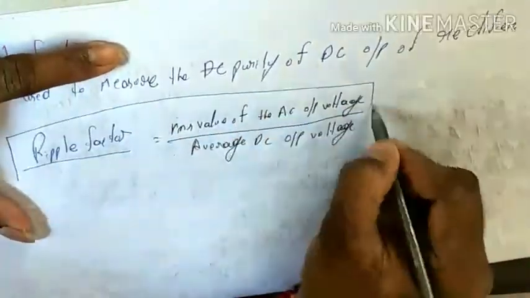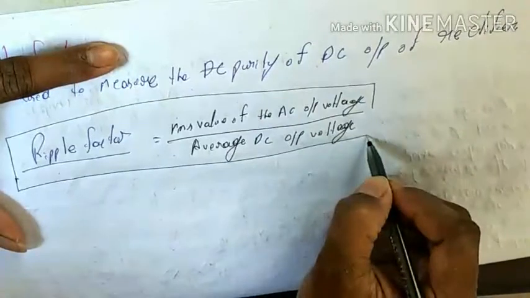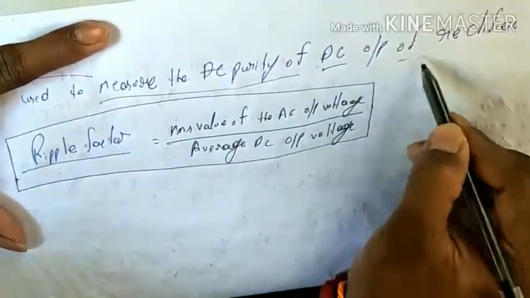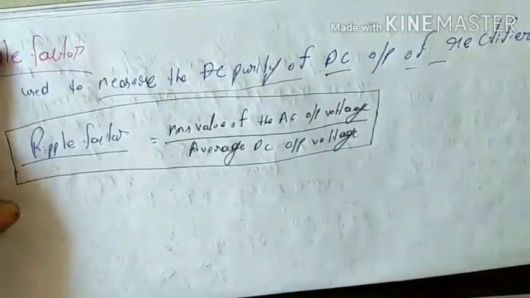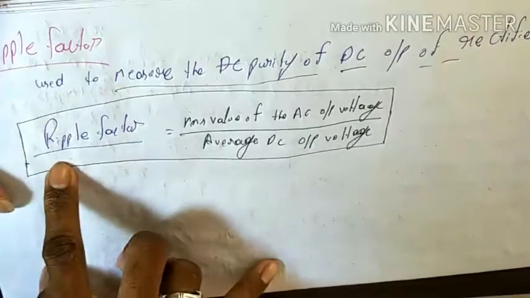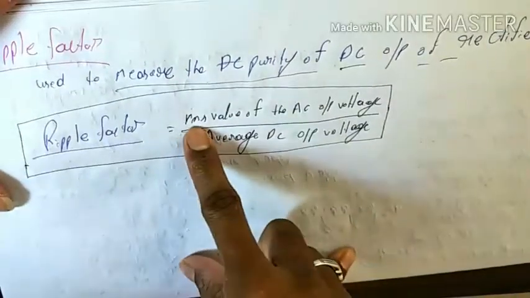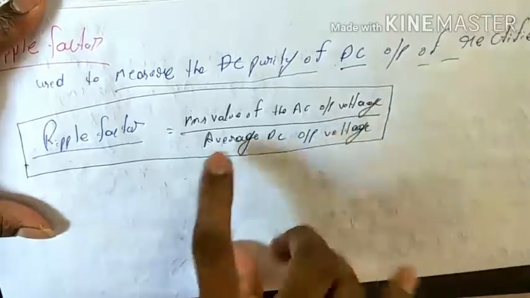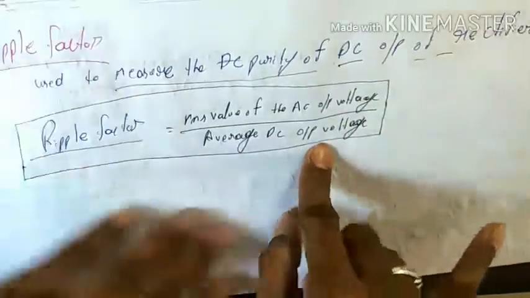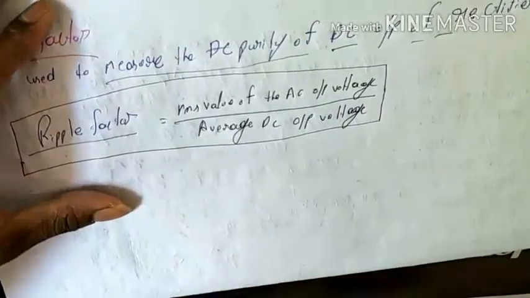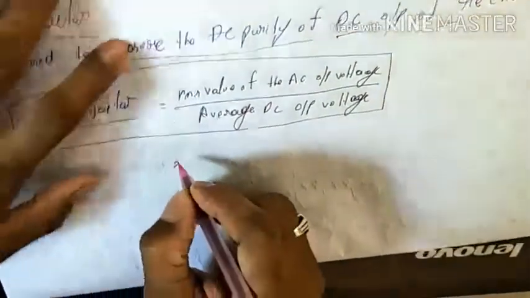See this formula, which indicates the measure of purity of the DC output voltage of the rectifier.